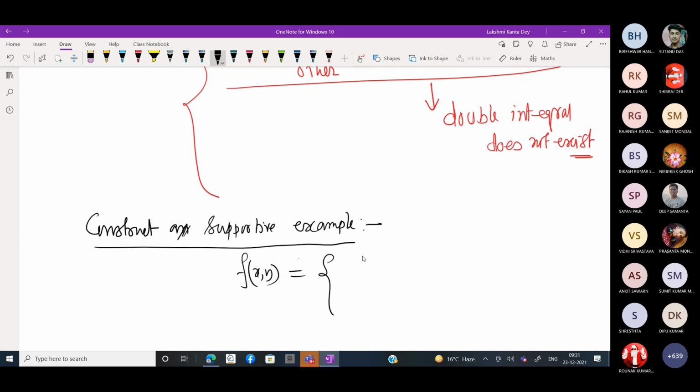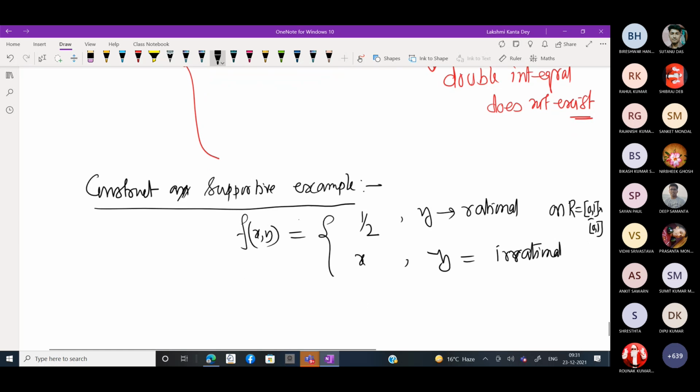f(x, y) is half whenever y is rational, and it is x whenever y is irrational, on 0,1 cross 0,1. Okay. So in this case, what happens?